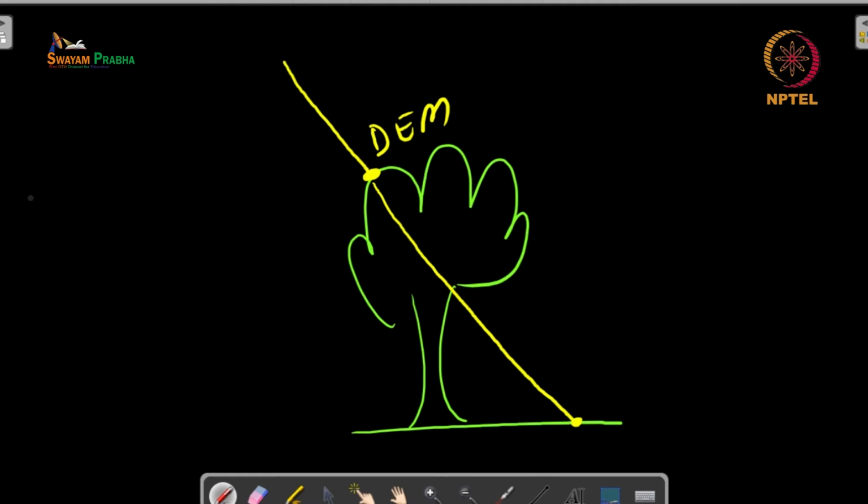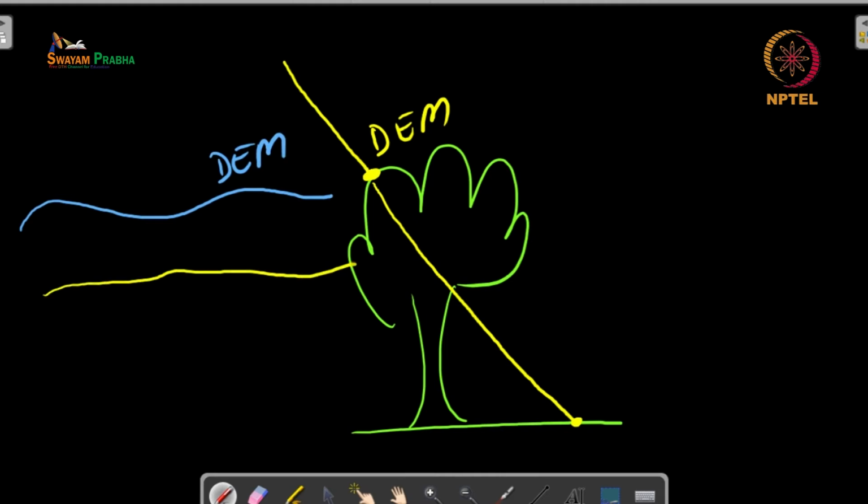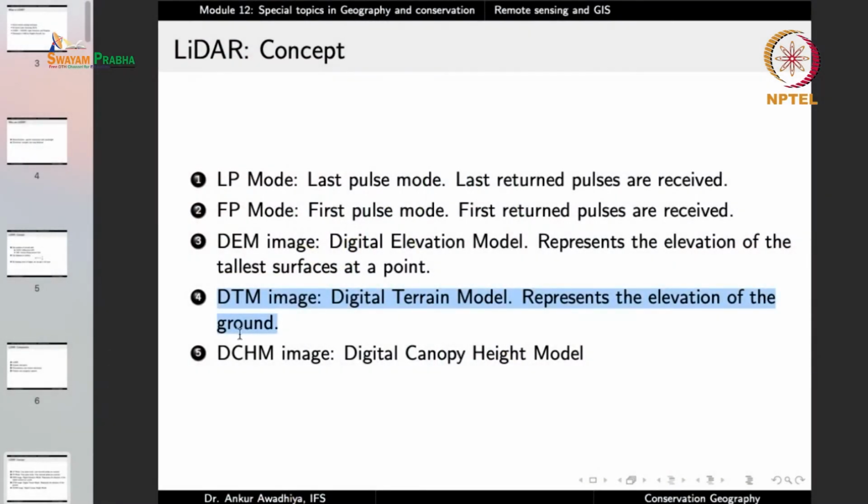Now, if you compute both of these points, you will have a surface which is your DEM surface, and you will have another surface which is your ground surface. So this is the digital terrain model surface, and the difference between both of these is the height of your trees, and this will give you the DCHM, or the digital canopy height model.